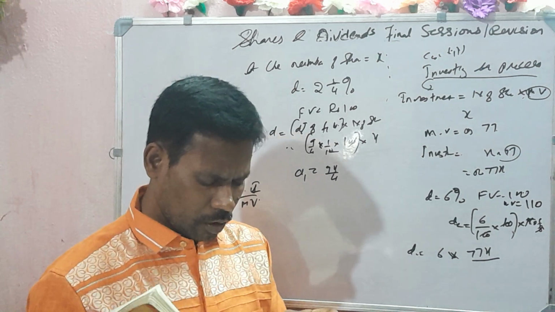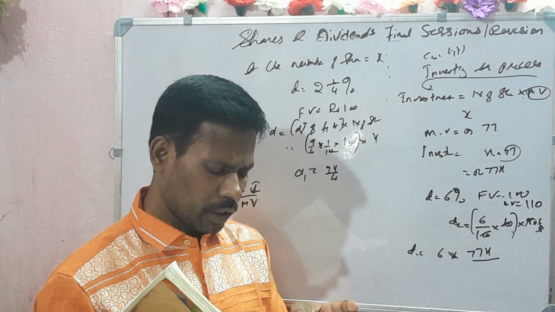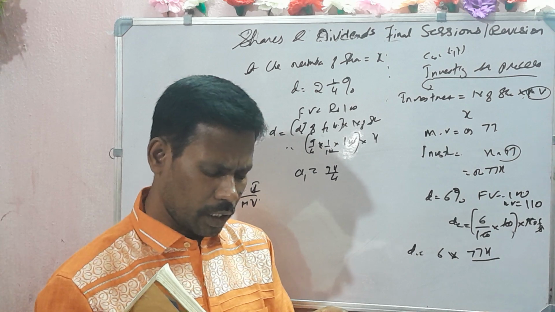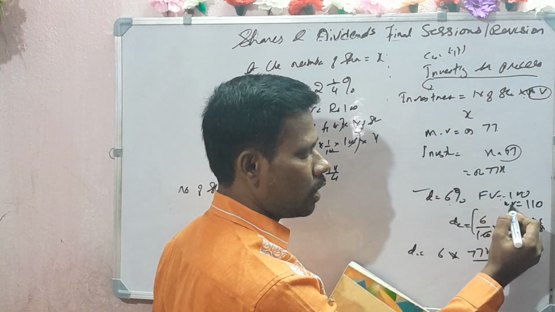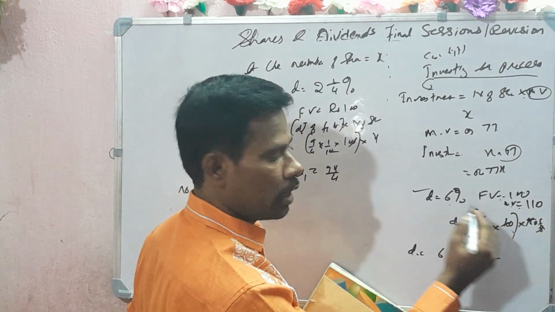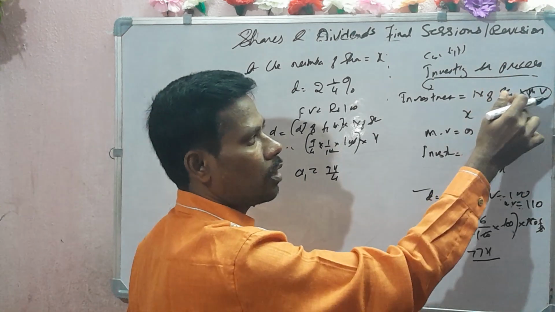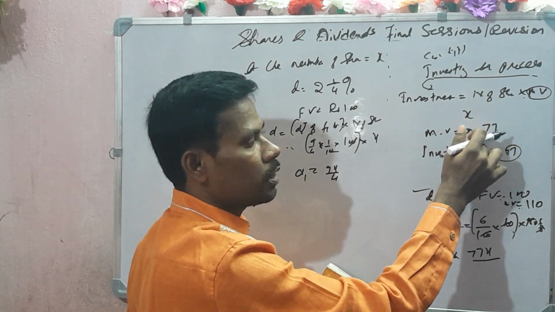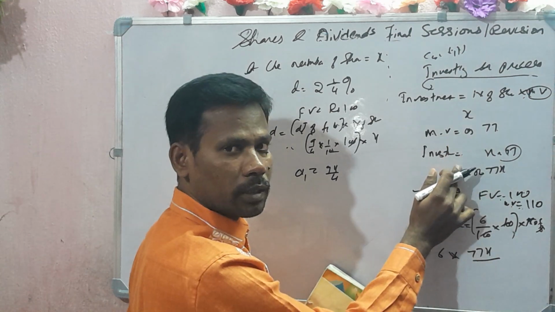Again I will read out. Investing the proceeds in 6% shares of face value rupees 100, selling at rupees 110. D is equal to 6%, face value 100, market value is 110. So this is case 2. Already I have explained clearly. Investing the proceeds means number of shares into market value. Number of shares is x. Market value is 77. That becomes the investment.